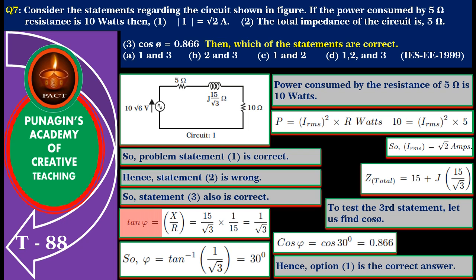We know tan phi is equal to X divided by R. By substituting the values and solving, we get tan phi is equal to 1 divided by root 3 and phi is equal to 30 degrees. So, cos 30 is equal to 0.866. So, statement 3 also is correct. Hence, option 1 is the correct answer.